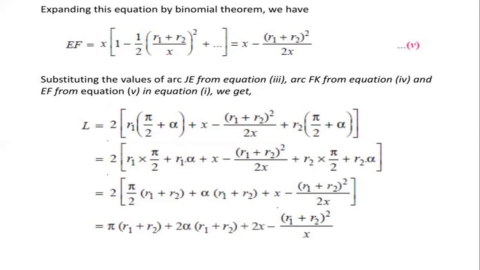Next, substituting the values from the arcs, we get the equation as 2 into R1 into pi by 2 plus alpha, plus x minus R1 plus R2 whole squared by x, plus the radius and angle of the driven pulley.